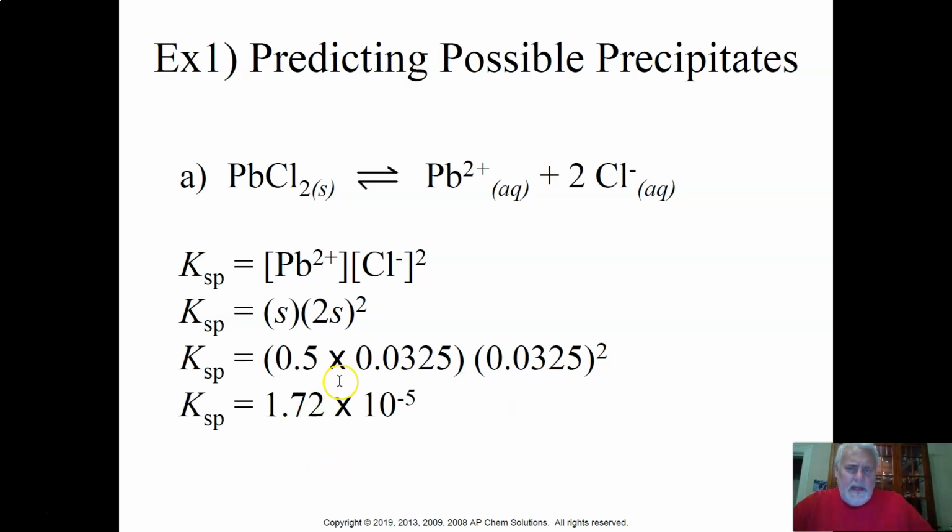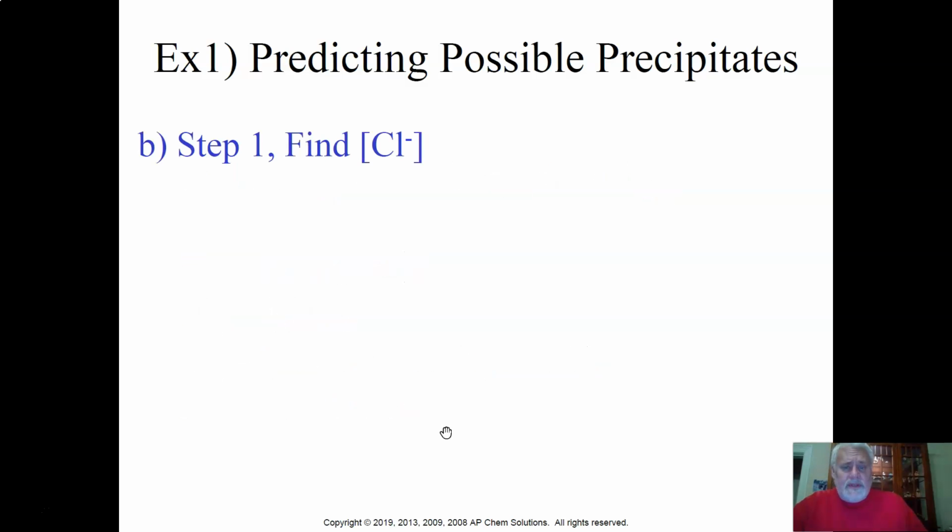The KSP value turns out to be this. Of course, the half is not a significant figure, it's a mathematical function. So you've got 3, 3, 3 there. No units. And hopefully you crunched those numbers without a problem. So that's working the problem in reverse to get that KSP value.